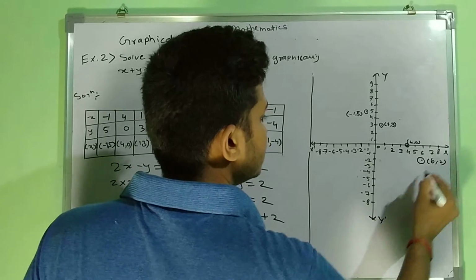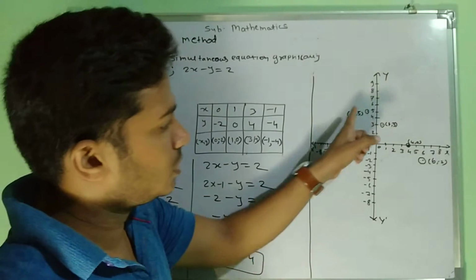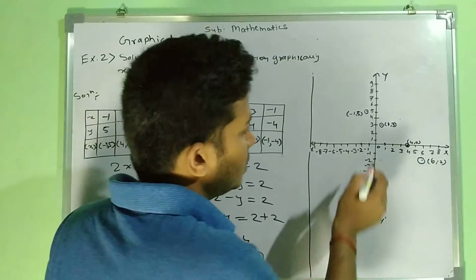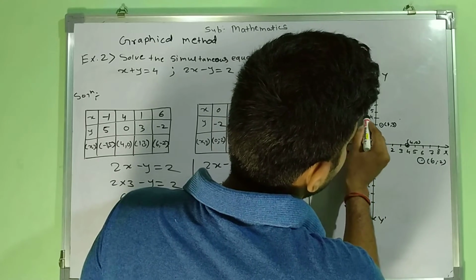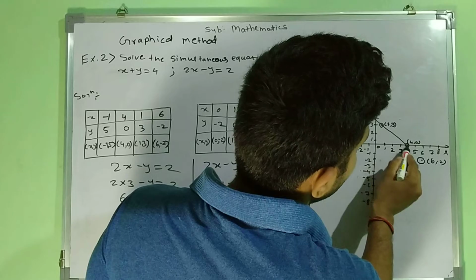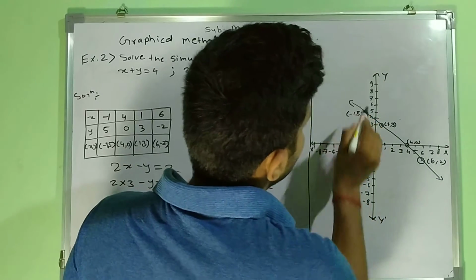So now we have represented all 4 points on the graph. Now we will try to make one straight line that goes through them.